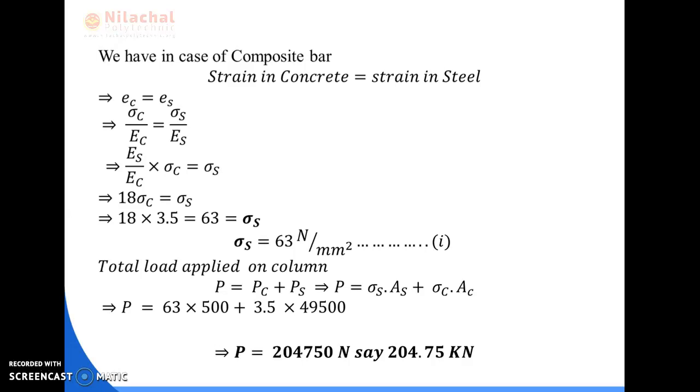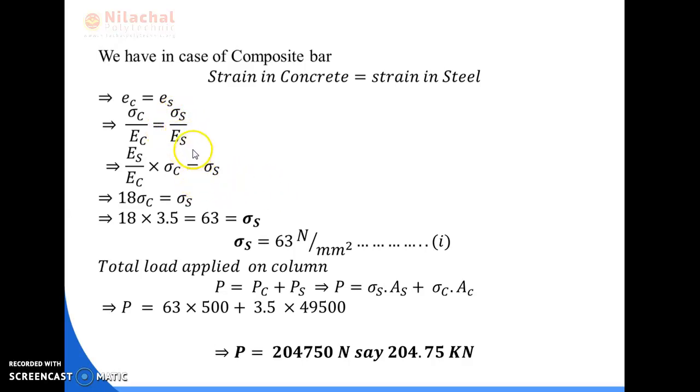Now go for the first equation, that strain in concrete is equal to strain in steel. EC is equal to ES. From Hooke's law we can determine that Young's modulus is equal to stress by strain. Now stress by Young's modulus for concrete is equal to stress by Young's modulus for the steel.